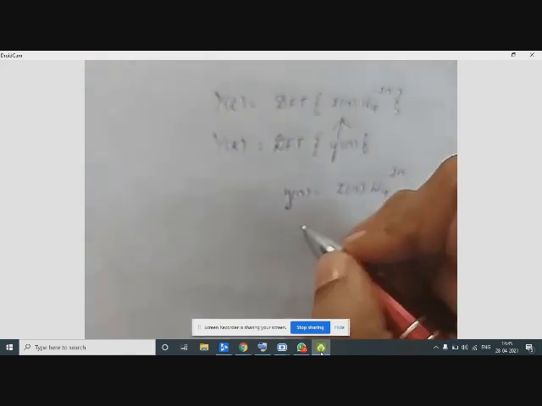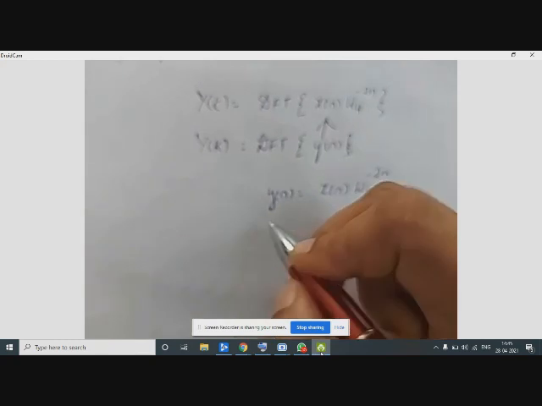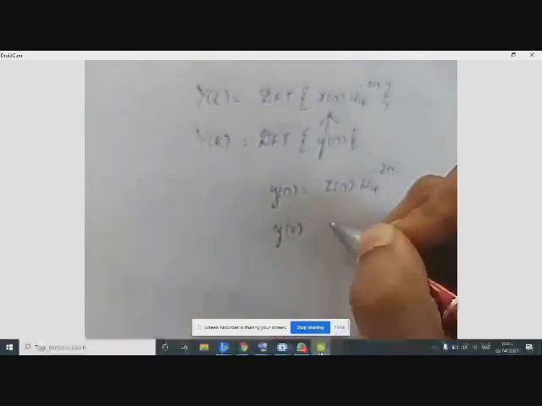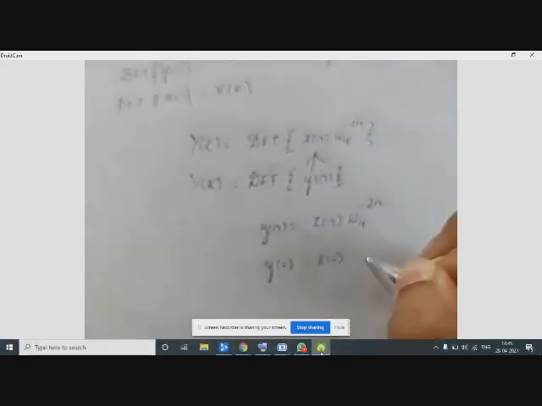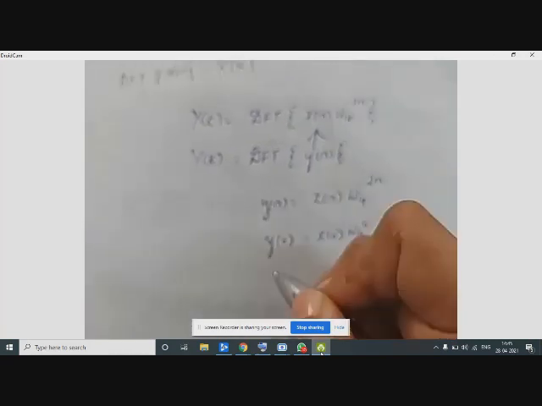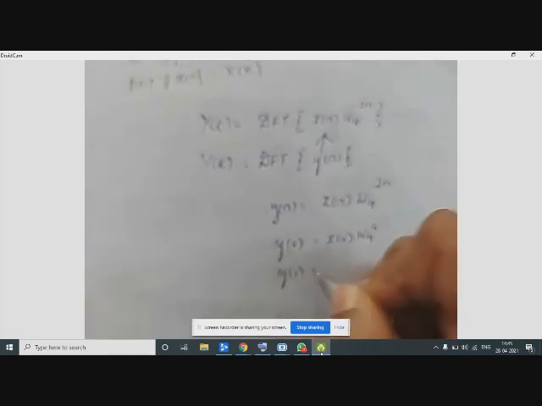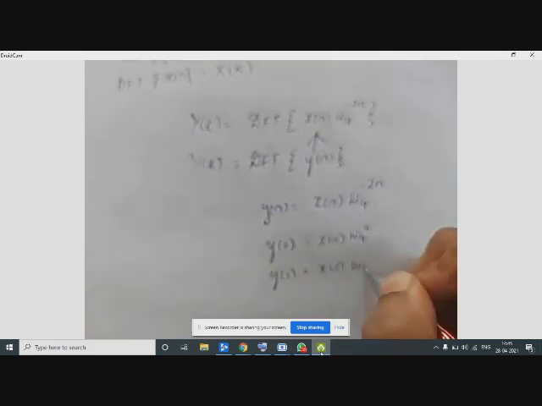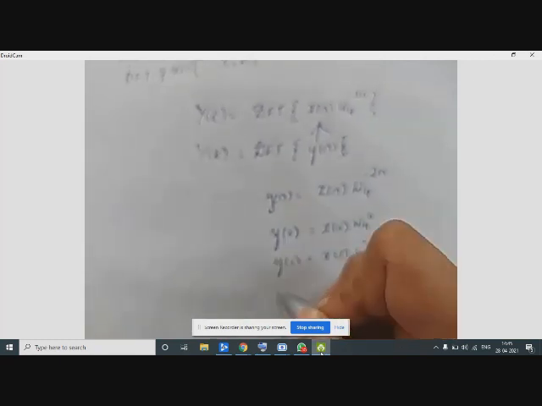Okay, so how do I find this? Very simple. I want the sequence y of n, so go on giving values. Y of 0 is x of 0, W4 power 0. Y of 1 is x of 1, W4 power minus 2.